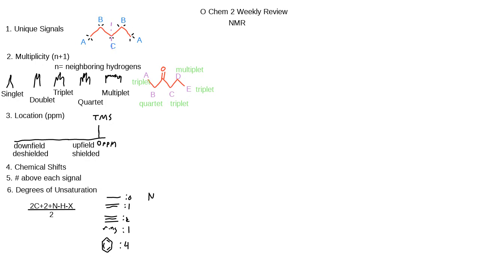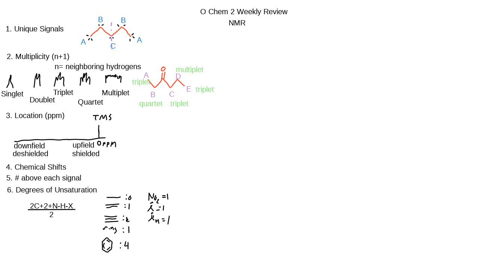Some other ones, those are the main ones, but some other functional groups: NO2 actually has 1 degree of unsaturation because it has a double bond between one of the oxygens and a single bond between the other oxygen. Ketone has 1. Aldehyde has 1.